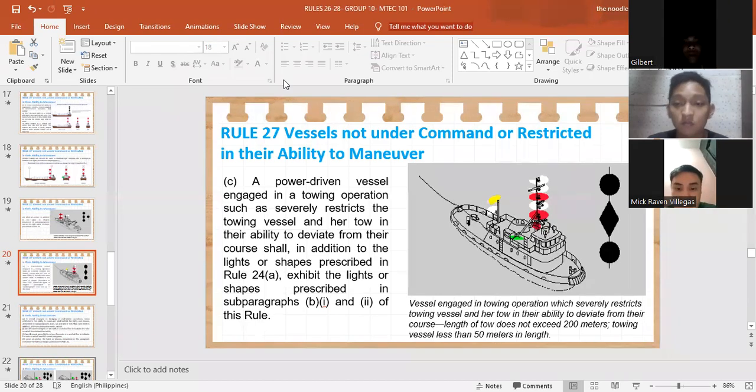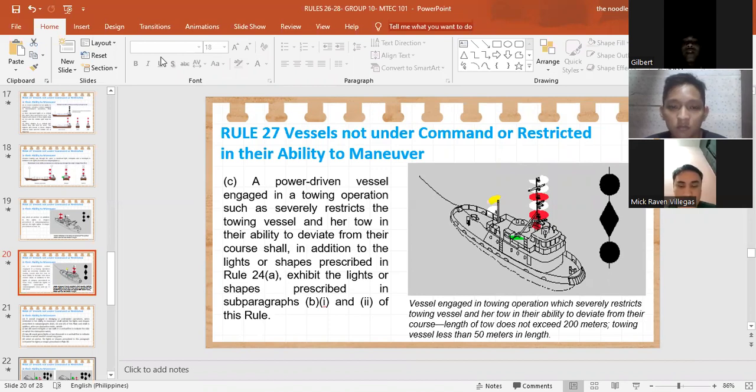A power-driven vessel engaged in towing operations which severely restricts the towing vessel and her tow in their ability to deviate from their course shall, in addition to the lights or shapes prescribed in Rule 24 A, exhibit the lights or shapes prescribed in subparagraphs B, 1, and 2 of this rule.